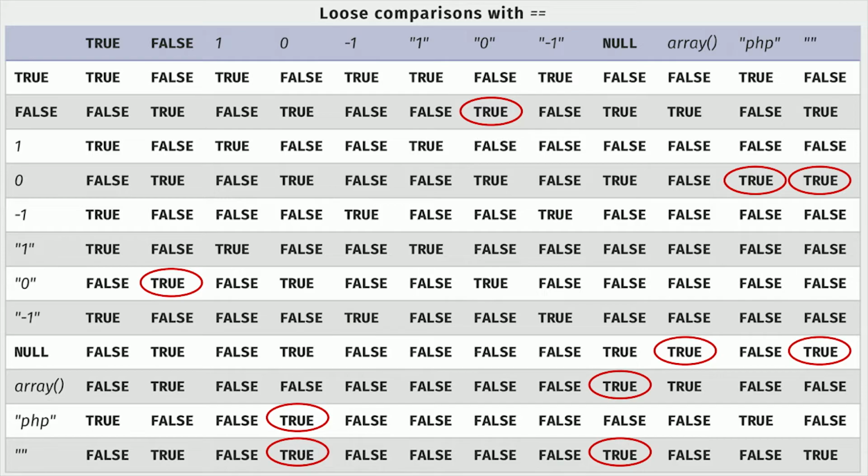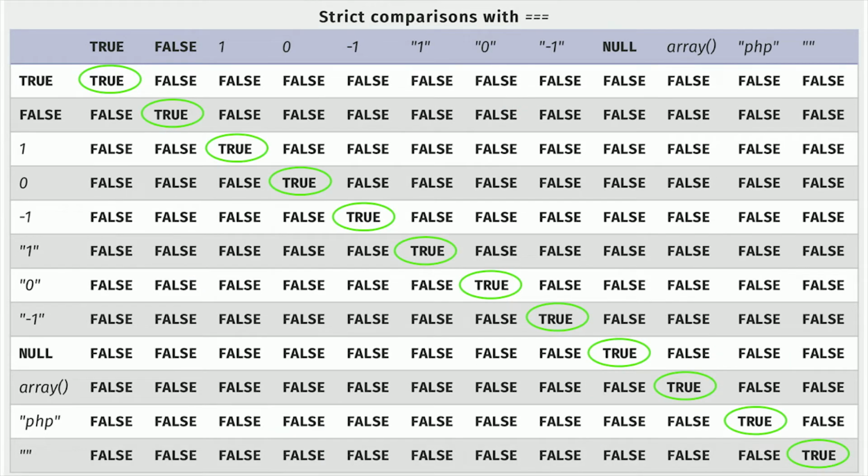That's really weird. So this is actually how it should look, because the result using strict comparisons is much more predictable. But when comparing objects, 3 equal signs actually require the objects to be of the same instance. So it's not usable, for example, for datetimes.